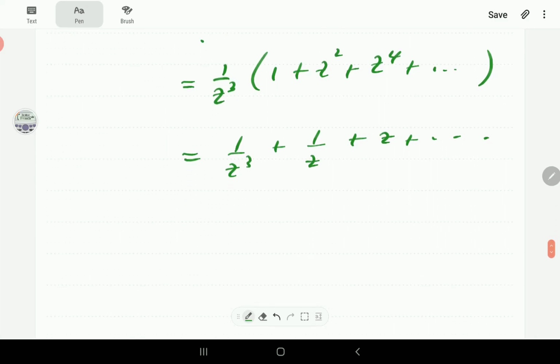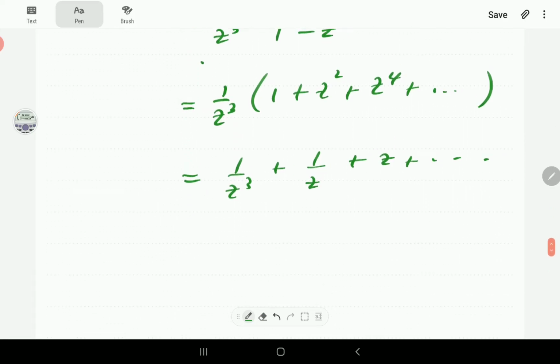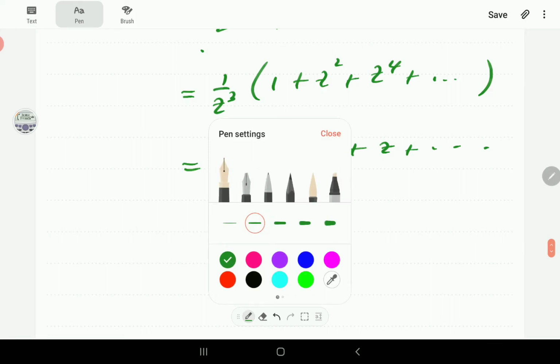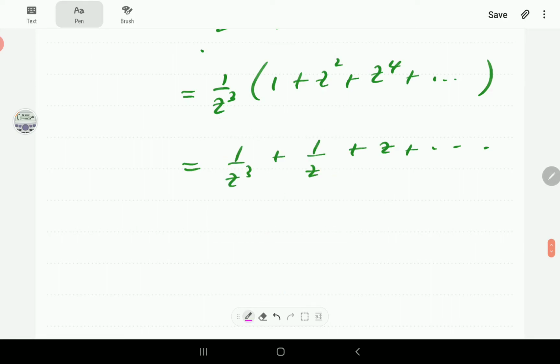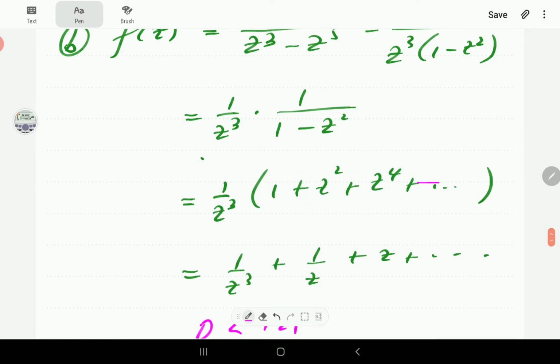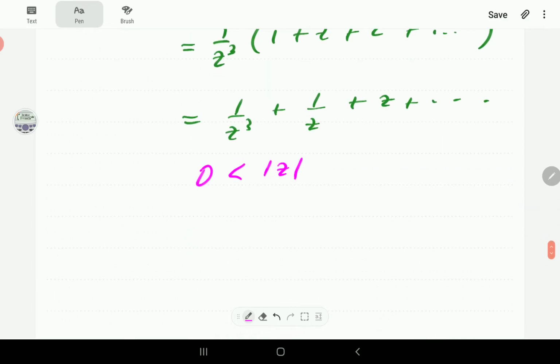Now we just need to mention the region in which this series is going to be convergent. This series is going to be convergent so long as mod z is greater than 0, because of this term here. But this one here is going to be convergent inside the unit disk.